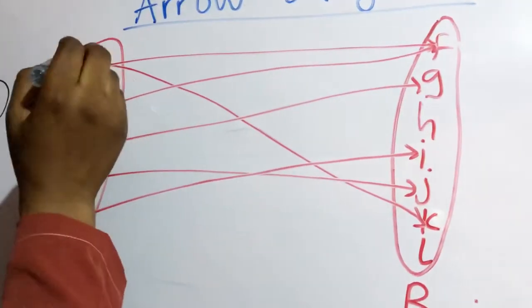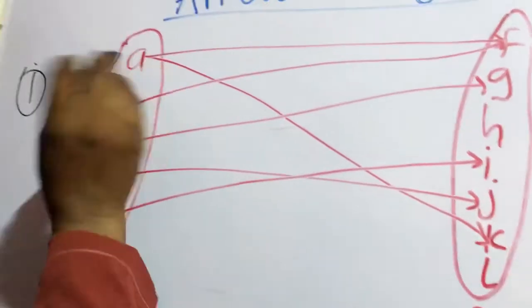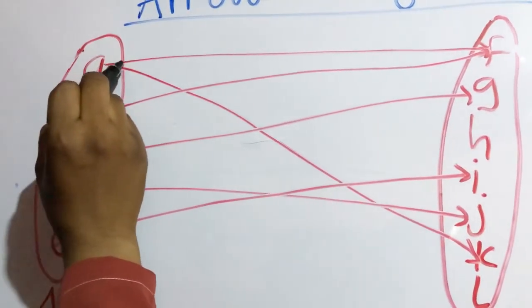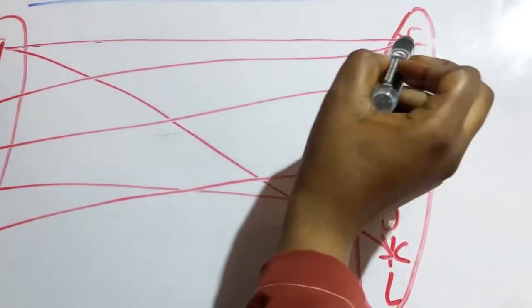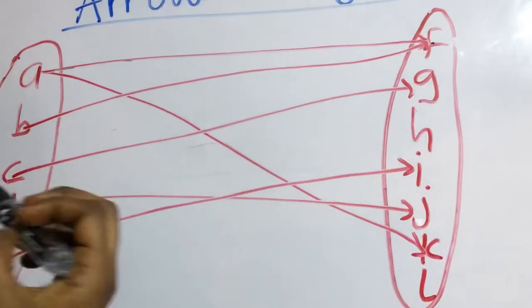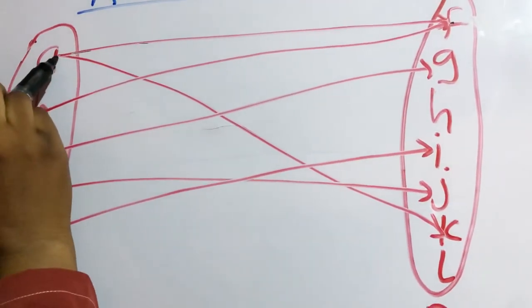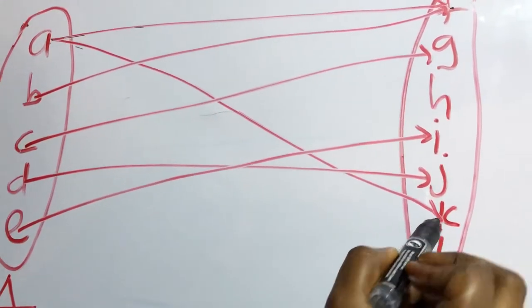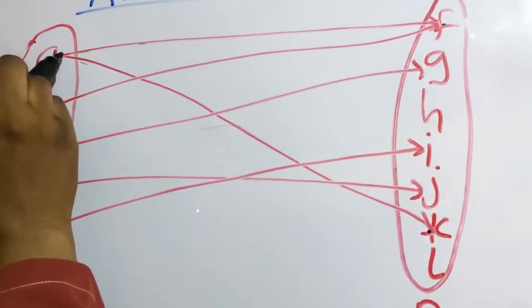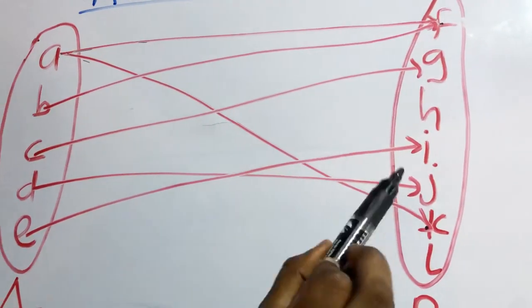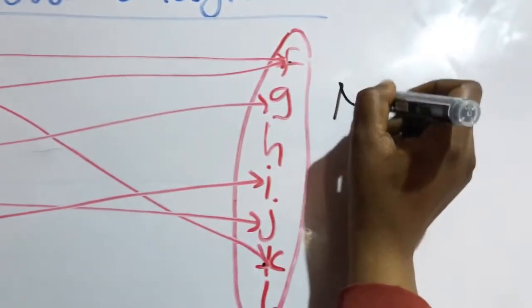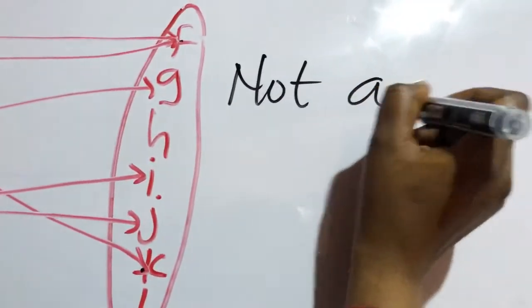Here is the input A. Now it assigns to output F. Then this A also still assigns to output K. So because of this reason alone, we can see that this is not a function. It's not a function. Why?